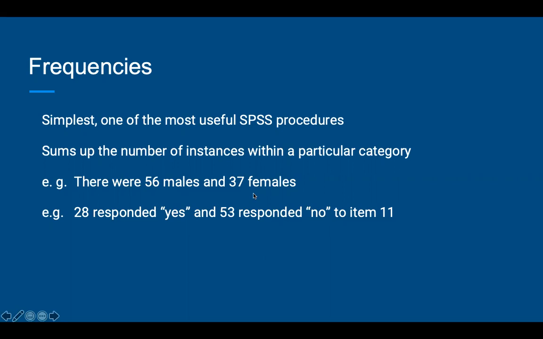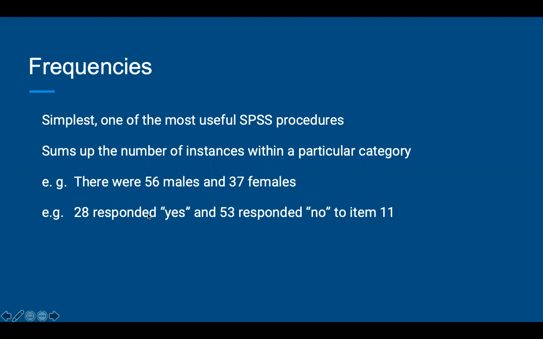And then you would be able to run percentages of how many females and how many males. So it's very descriptive, but it just tells you basically how many, in number form. There's no calculation of averages or standard deviations within frequency data. It's just giving you the numbers.